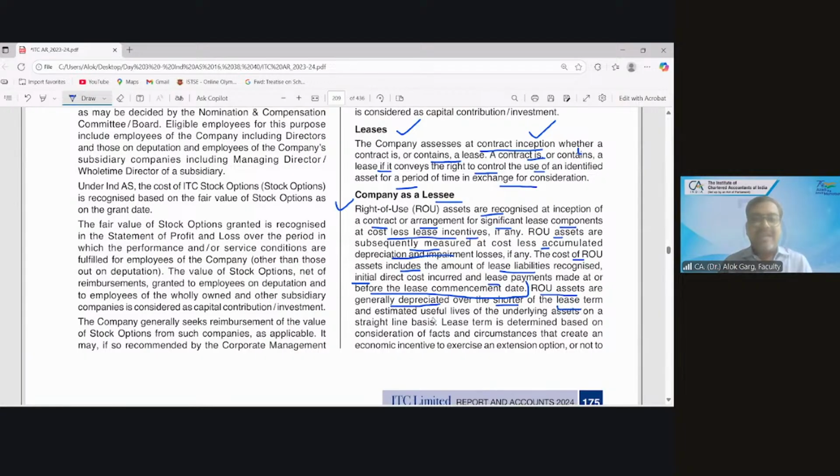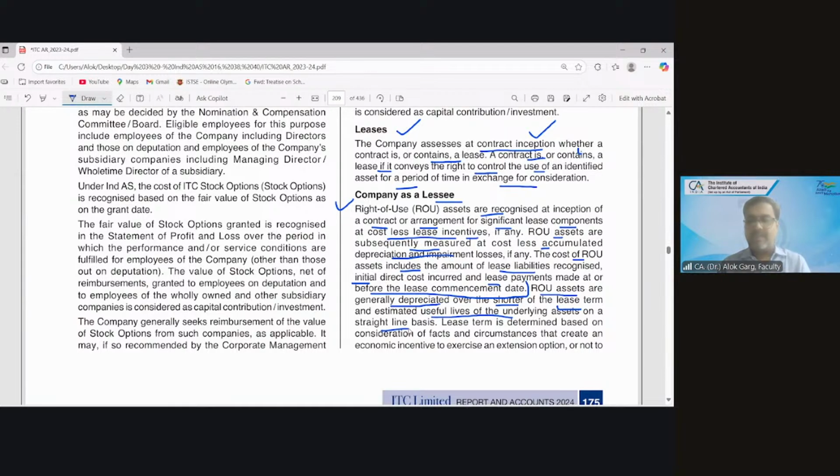Lease term and estimated useful life of the underlying asset on a straight line basis. Your lease term is 10 years and your estimated useful life, your estimated usage period, is 7 years. Then in which period, 10 years or 7 years, will you depreciate?